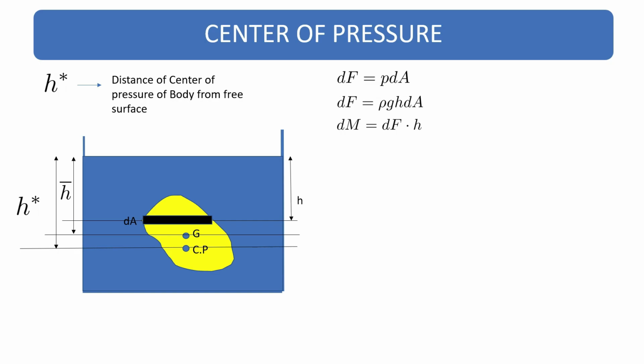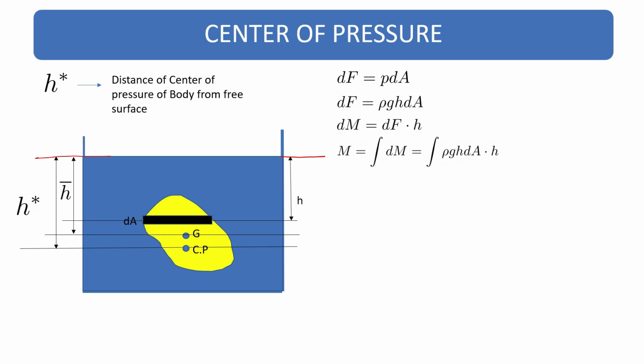So what will be the moment, that is dM, due to this small elemental force about the free surface? The elemental force dF is acting perpendicular to this surface. So this causes a moment dM, and this moment is equal to dF into h.